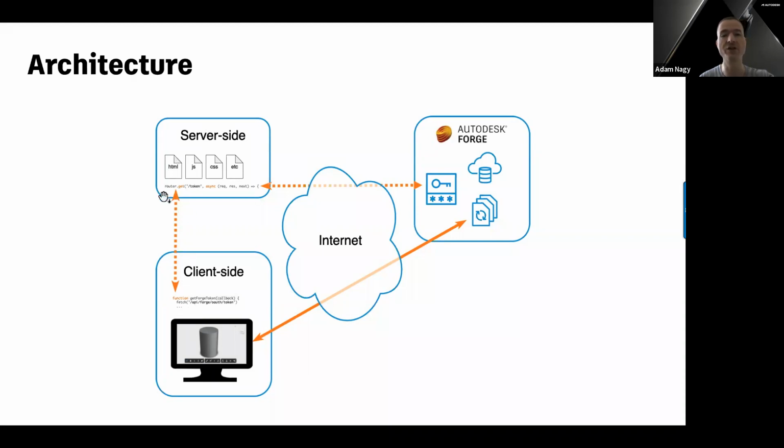So instead, we are just exposing endpoints on our server that the client will be able to call, just like this get token endpoint, which will retrieve the client side facing, public access token, which will only have that given scope that I mentioned before, viewables read. So that's going to be available through an endpoint as well that we are exposing.